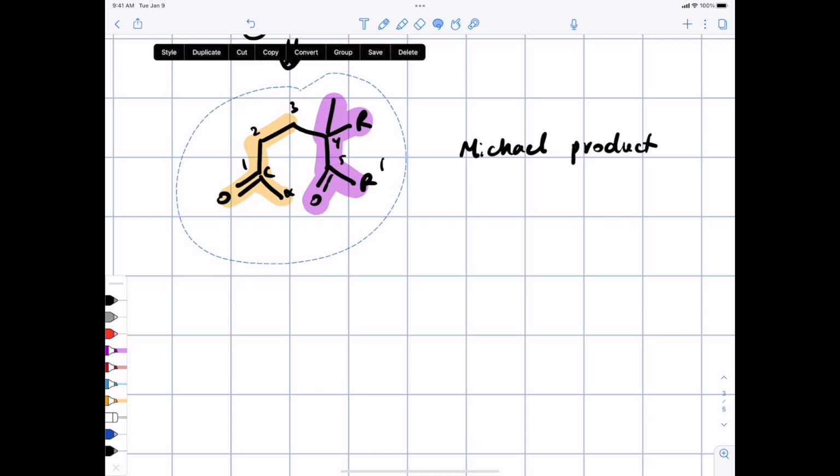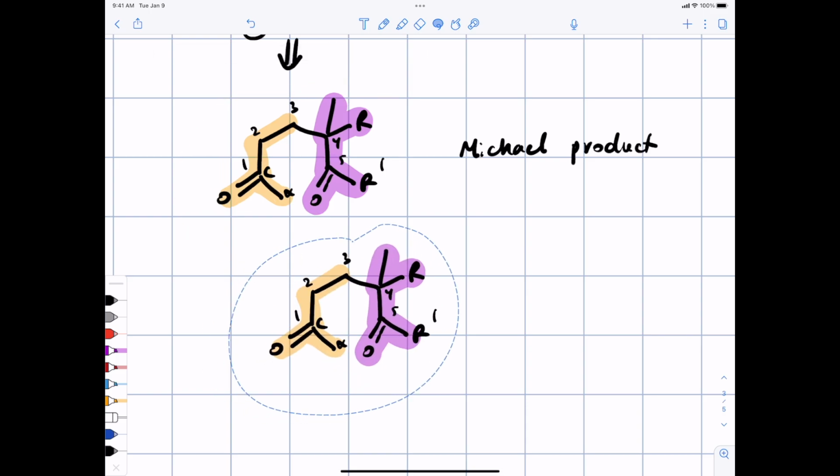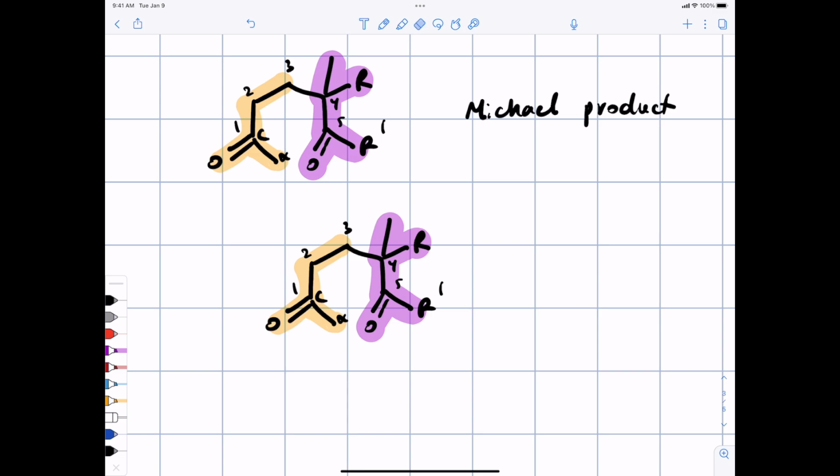If you forget that though, you might try the other way and say, well, what if this was my alpha beta unsaturated carbonyl compound? Oops, sorry, this. And this was my Michael donor.